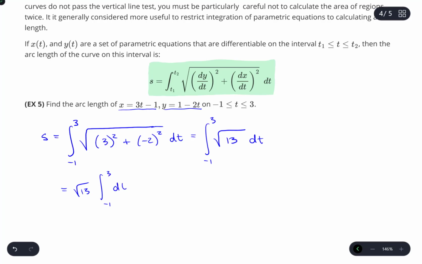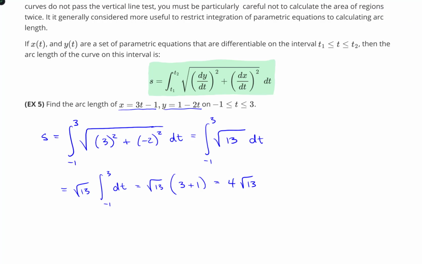So really, I'm just taking the square root of 13, and when I do an integral from -1 to 3 dt, essentially I'm just getting the horizontal distance between those 2 points. So 3 minus -1 would be 3 plus 1, or 4 root 13.